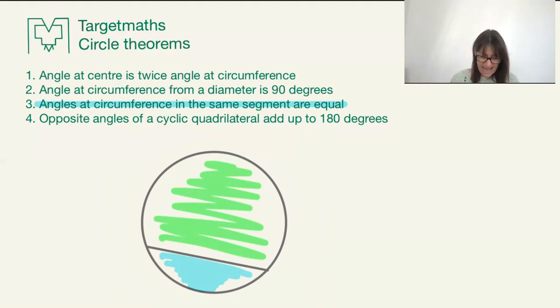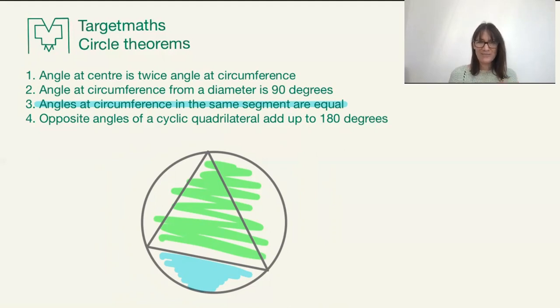This theorem is saying angles at circumference in the same segment, okay? So let's have a look at an angle going up to the circumference from this segment. So we're going to go straight up here, and then I'm going to go up, hopefully in a straight line, to join it. That is an angle at the circumference drawn from a chord.